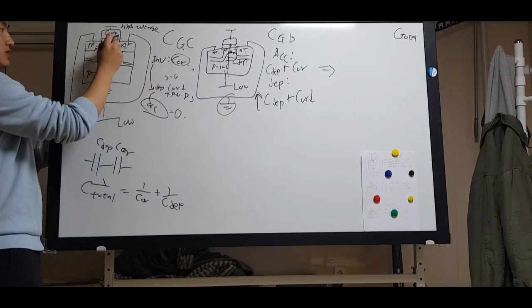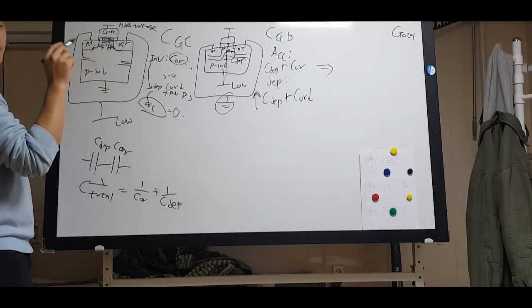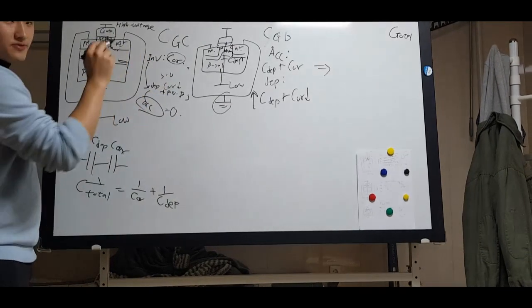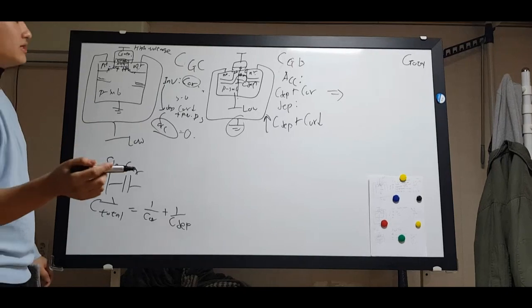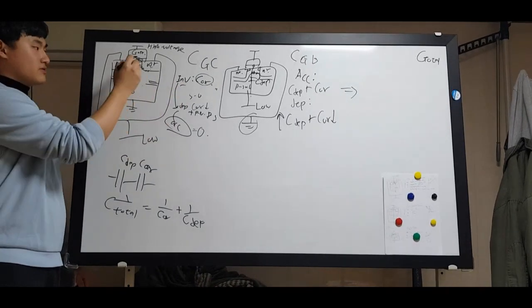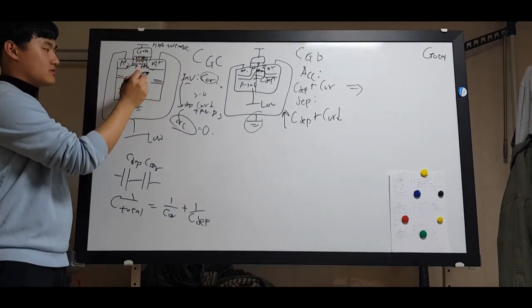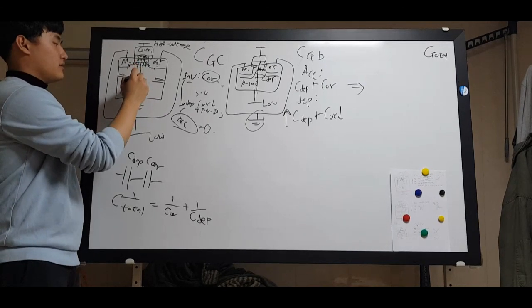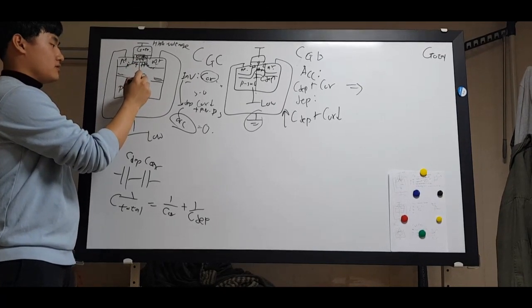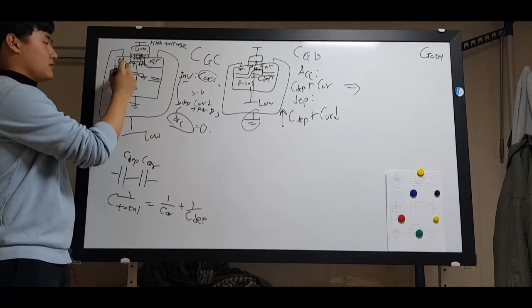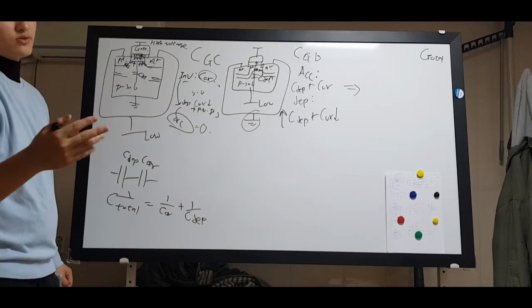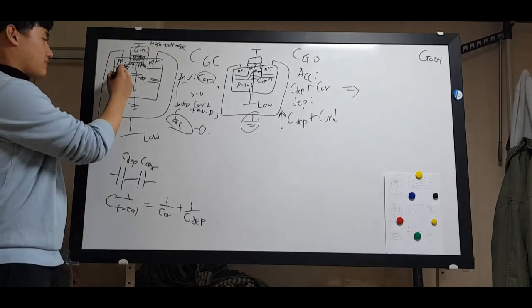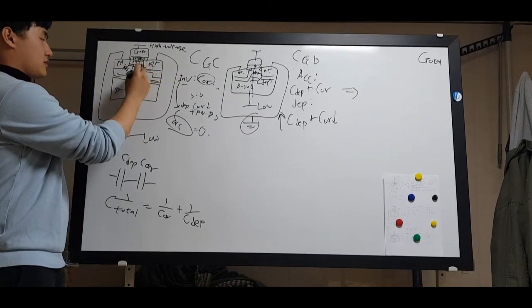Between the gate and channel, first we are looking at the inversion situation. In the inversion state, we can see the oxide capacitance, the depletion capacitance, and the junction capacitance induced by the source and drain to the P-substrate through the depletion region.